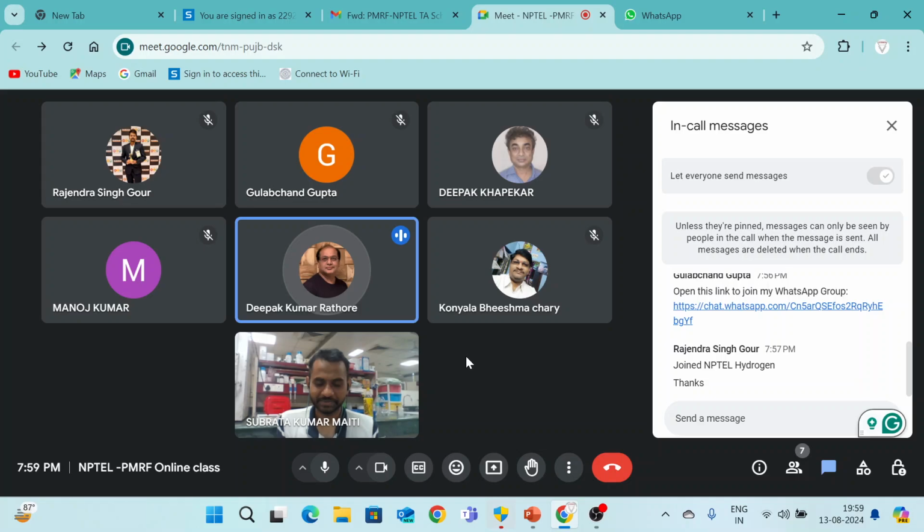Exactly what is happening, I told you in the first lecture. Hydrogen gas will enter the fuel cell. The fuel cell will generate electricity. This electricity will run the propulsion motor, and this motor will accelerate the axle and wheel.